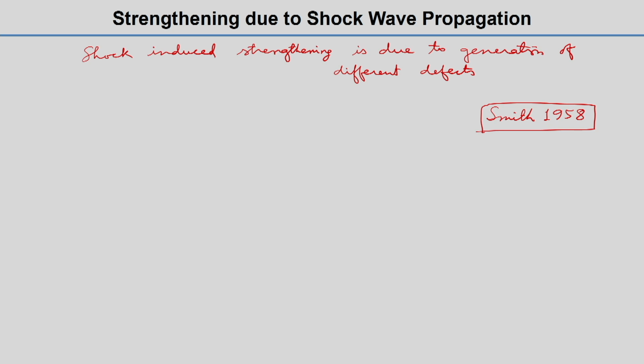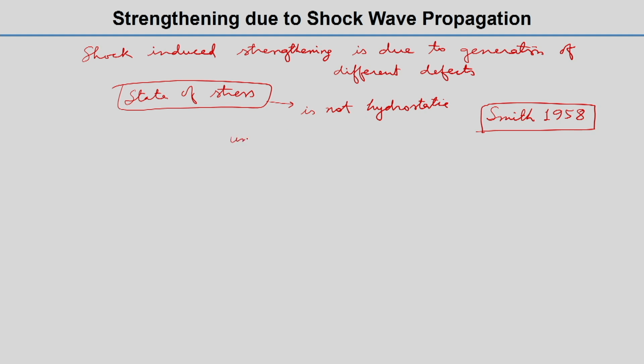So in those discussions, our state of stress is important. We should understand that shock loading is not hydrostatic, because it is mostly uniaxial strain, or we can call that compression, the shock we discussed earlier.